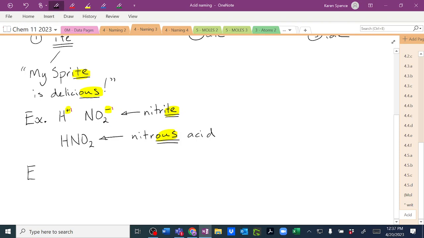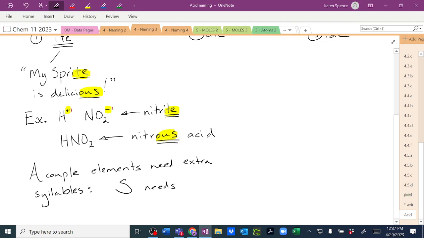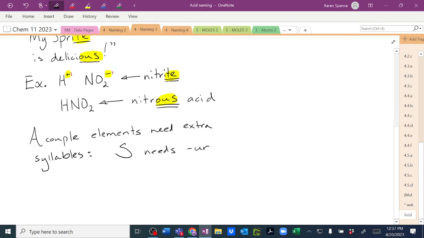Now there's a couple of kind of weird ones. A couple elements need extra syllables. S, like sulfur, needs ur, and P needs or.